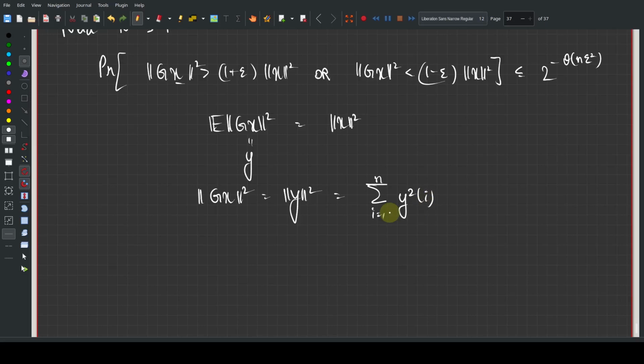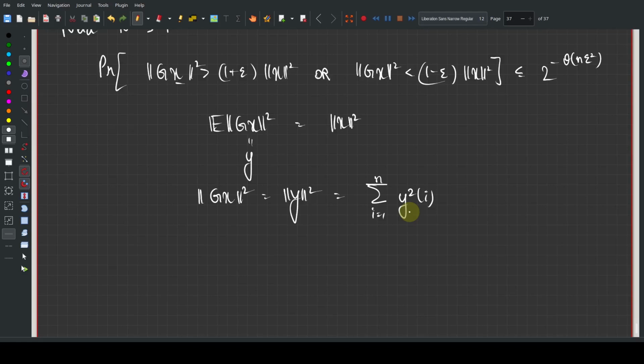I know each y of i is Gaussian, but here I have the square of a Gaussian. Is this going to be a sub-Gaussian random variable? Not necessarily. We know what the distribution of the square of a Gaussian is.